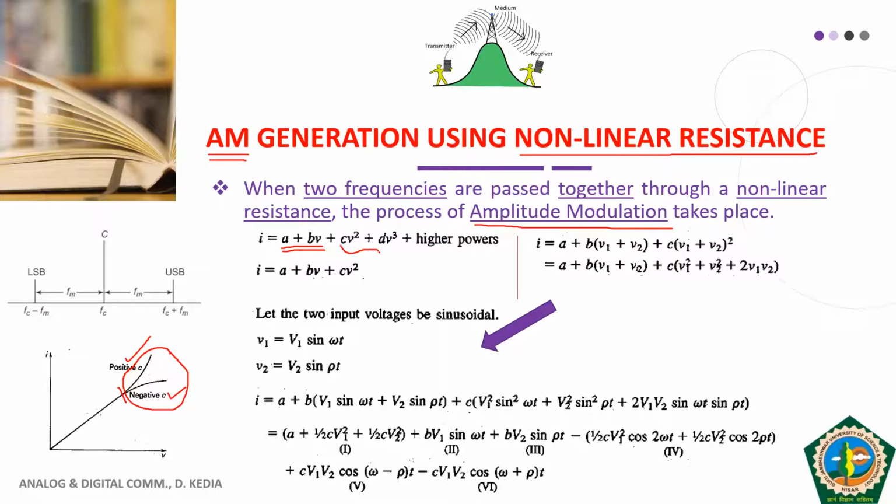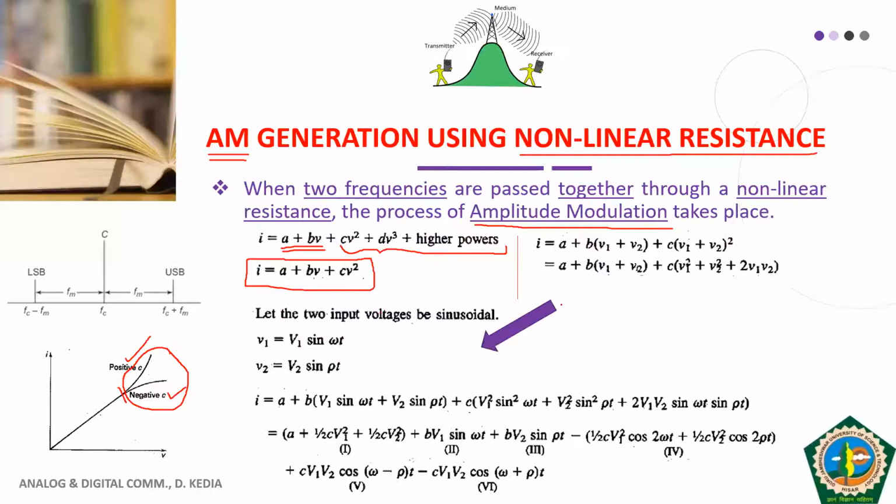As we move into non-linearity, higher powers are present: second power, third power, and so on. As I told you in the previous class, we will mainly concentrate on non-linearity up to second order only, because up to second order most of the energy of the signal comes into picture, and it is simple to analyze.